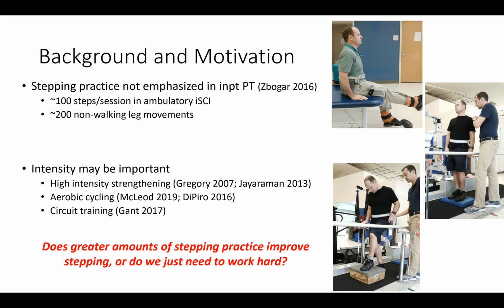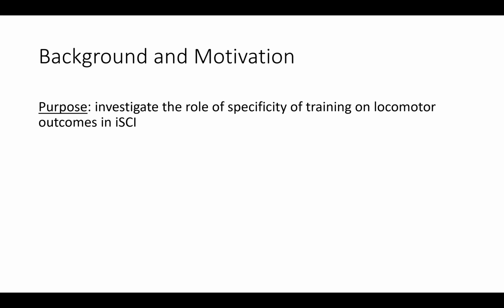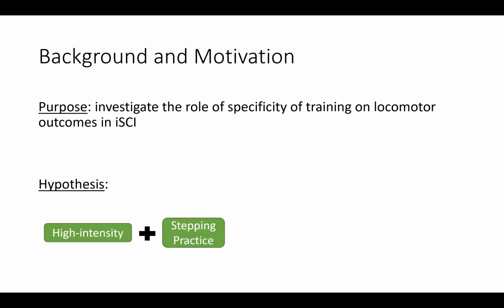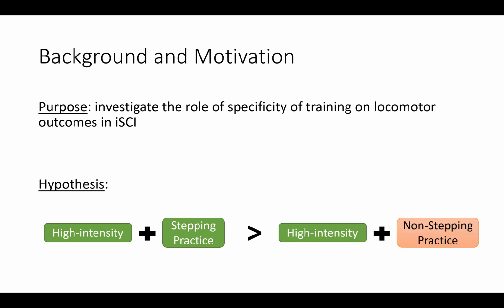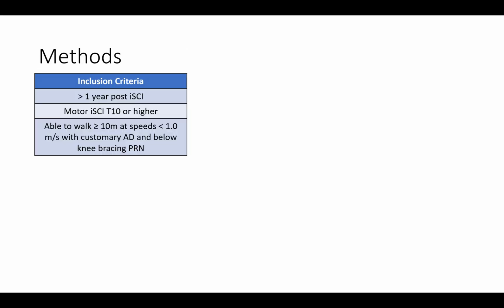better for walking outcomes? So the purpose of this study was to investigate the role of specificity of training on locomotor outcomes in incomplete spinal cord injury. We hypothesized that high-intensity stepping practice would be better for walking outcomes than high-intensity non-stepping practice. To answer this question, we recruited individuals that were at least 1 year following their incomplete spinal cord injury.